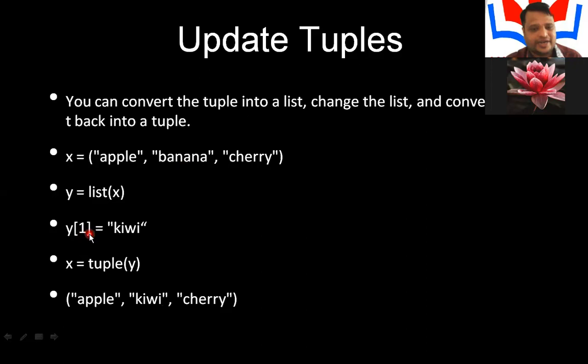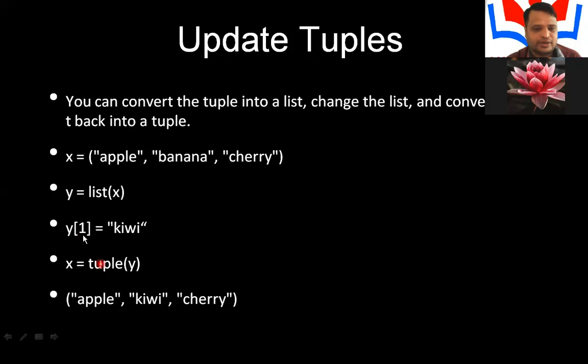Apple has index number 0, banana has index number 1, and cherry has index number 2. So here y of 1 equal to kiwi. It means that I want to update index number 1 to kiwi. So the syntax is: list name, and in the square bracket the index number, equal to the value.